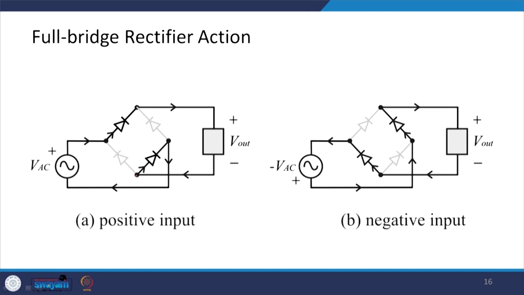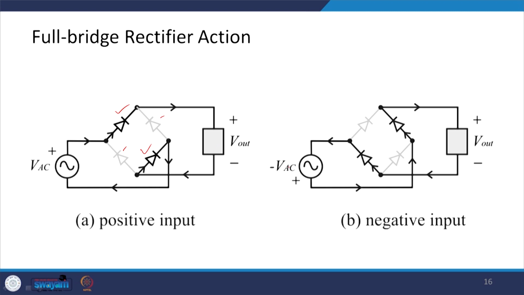Similarly, this is positive side connected to positive side, so forward biased. So, these two diodes work in forward bias, whereas this positive side being connected to the negative side makes this and this diode reverse biased.